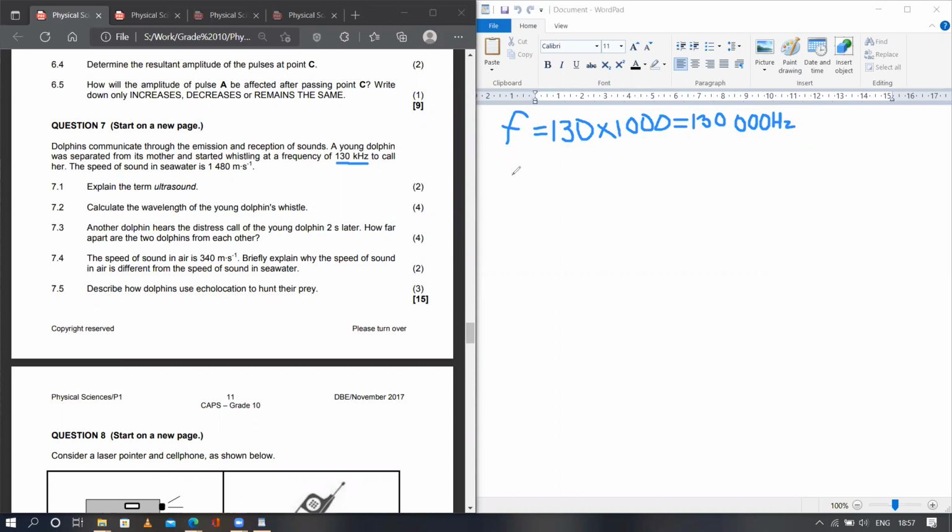So now you have your velocity, which is the speed of sound in water. So that's 1,480 meters per second.